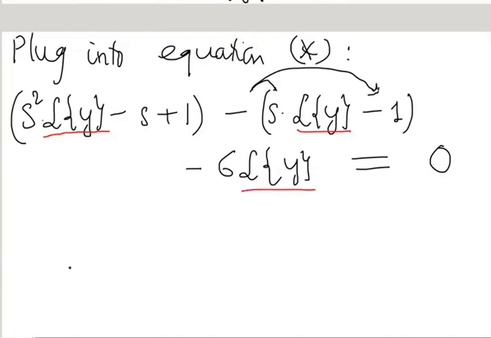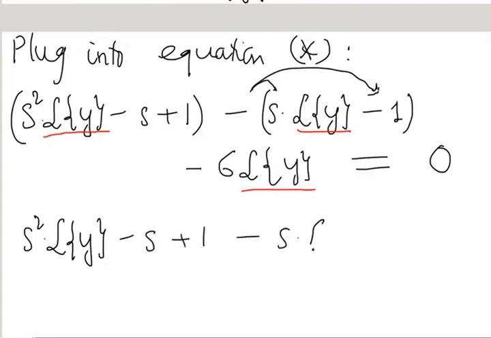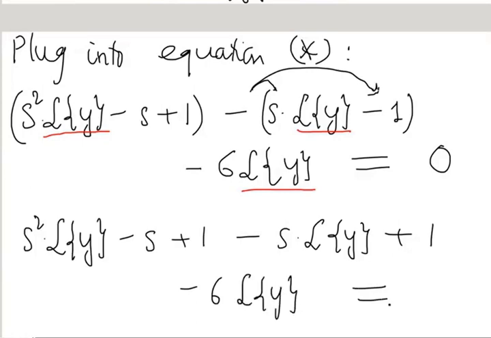That is important. So we distribute in, we have s squared Laplace transform of y minus s plus 1 and minus s Laplace transform of y plus 1 minus 6 Laplace transform of y equal to 0.